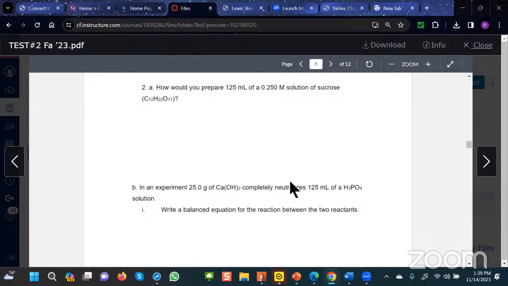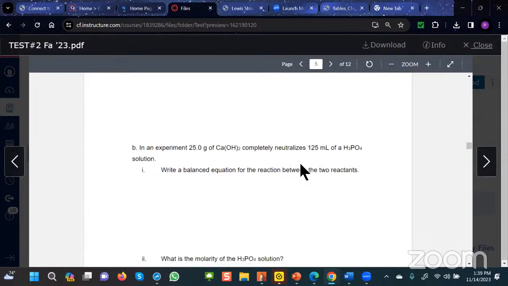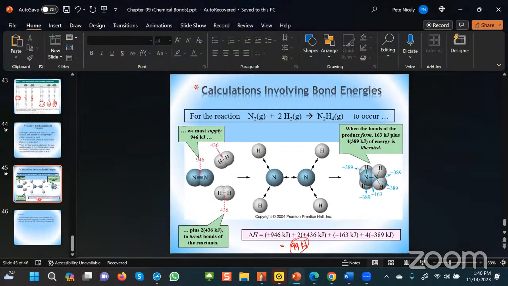Actually, it's 3, 4, and 5. So test number 2 covered 3, 4, and 5. Test number 3 will cover 6, 7. I'm going to make it 6, 7, and 8.